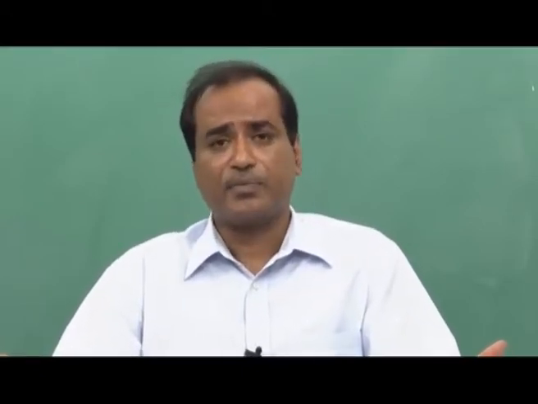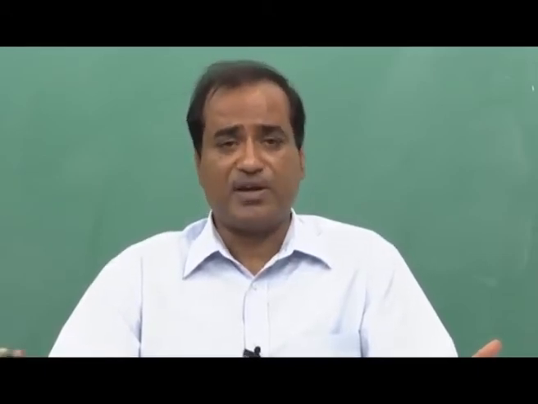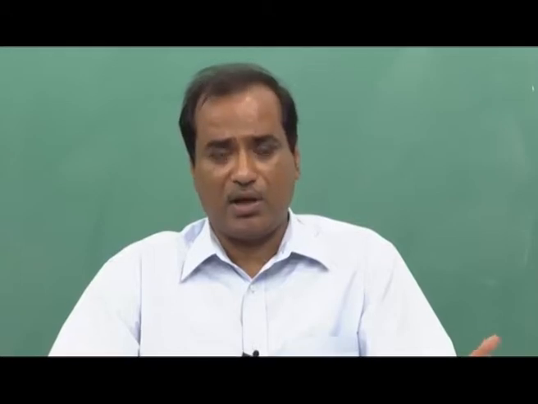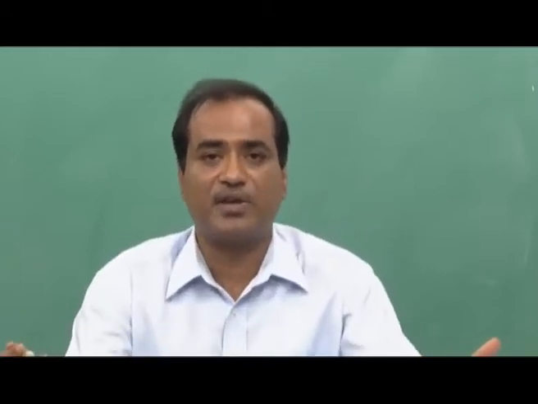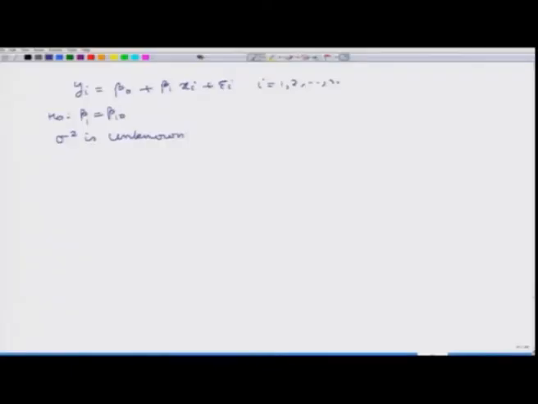In real life, usually the value of sigma square is not known to us, and we need to estimate it from the sample. We had earlier discussed that we can estimate sigma square by the sum of squares due to residual, SSres, divided by n minus 2.